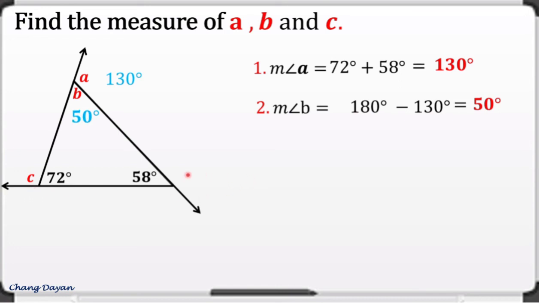For angle C, remember, angle C is equal to the measure of these two remote interior angles. So, just add 50 degrees and 58 degrees. Okay. And we'll get 108 degrees.